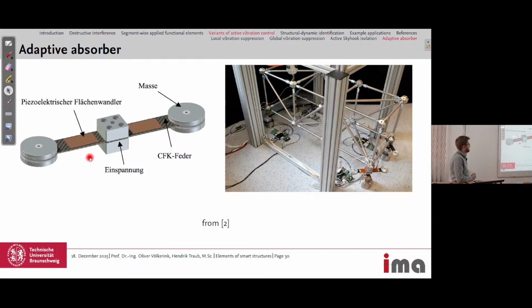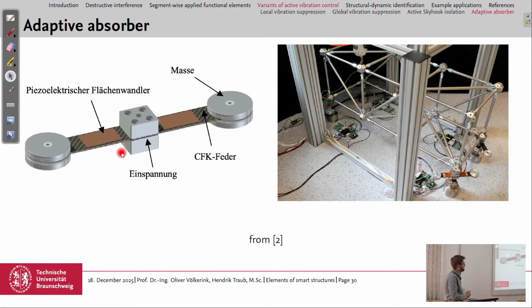And as you saw yesterday in the labs, we can change the stiffness of a beam using these actuators passively by opening and closing the circuit, but we could also change it actively by applying a voltage. And with this, we can tune this leaf spring with the mass at the end and use it as an adaptive absorber. This would be the last option we visit in this lecture.